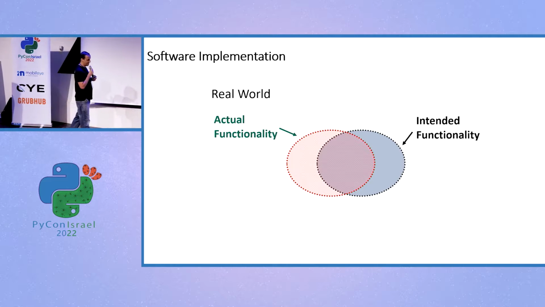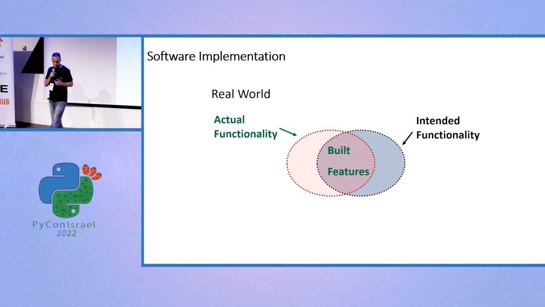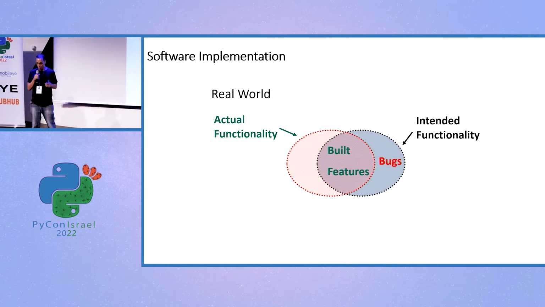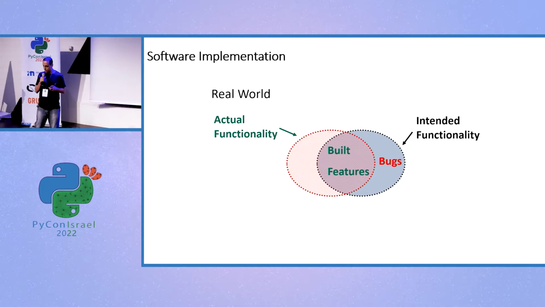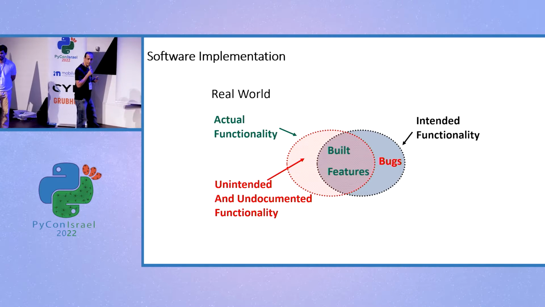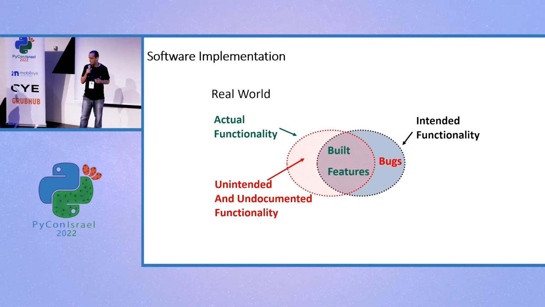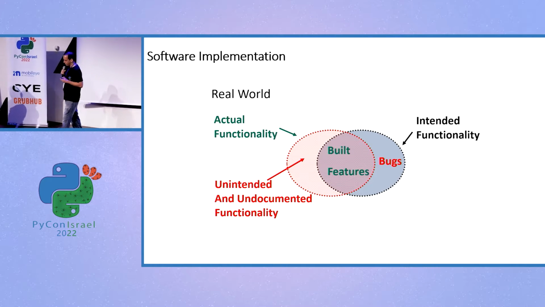The things that you've successfully built, these are the built features, and you have bugs, which are things that you wanted to build and you haven't successfully done so, and you also have unintended, undocumented functionalities, such as an admin interface that you left open by mistake, or a debug flag that you left enabled.